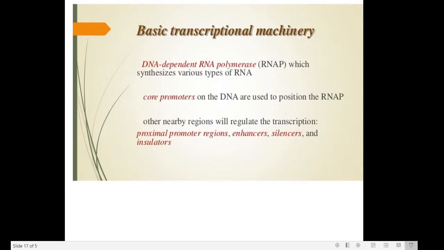Yesterday we discussed the operon concept, in which a particular gene produces the mRNAs. That is the basic concept. Here, the enzyme is DNA dependent RNA polymerase.